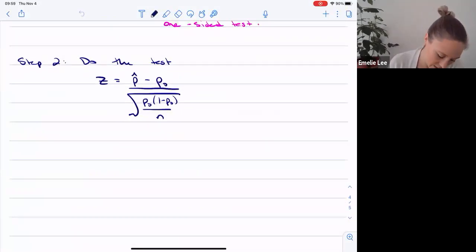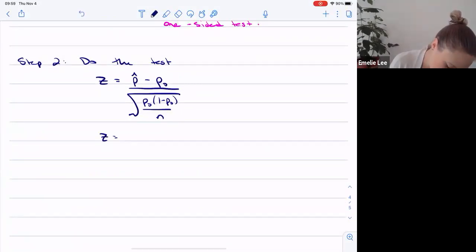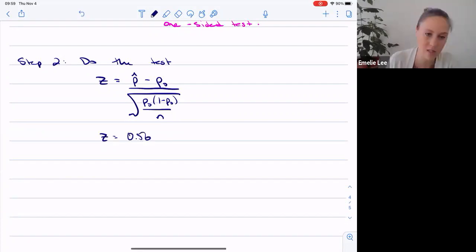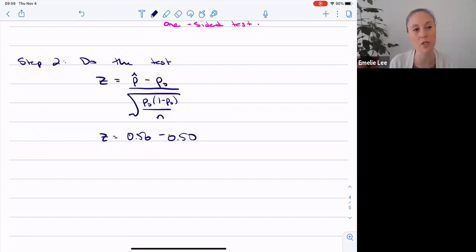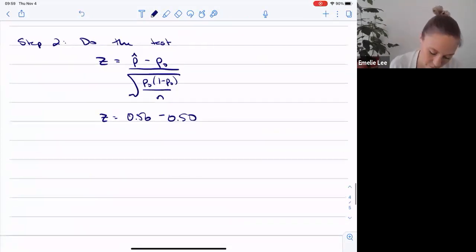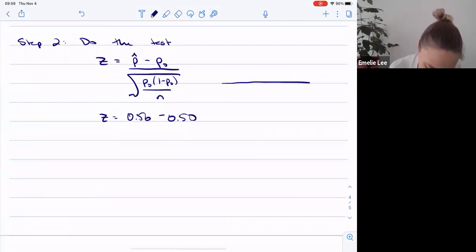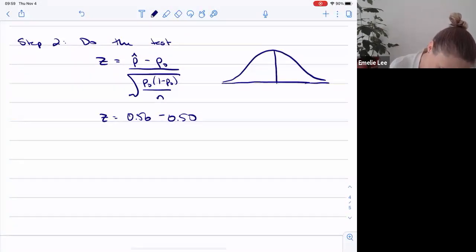So in our case, Z is going to be 0.56, because that's our sample proportion. How far is it from the hypothesized proportion of 0.50?